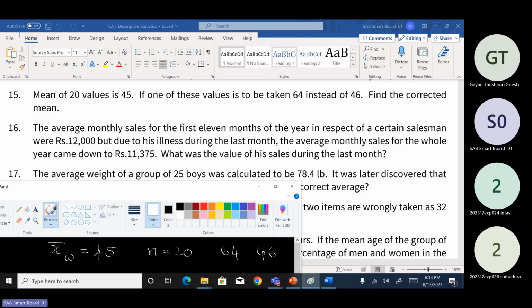So they have taken it as 46, so this is the wrong value. This is the correct one. Now we have to include this correct value and get the corrected mean.